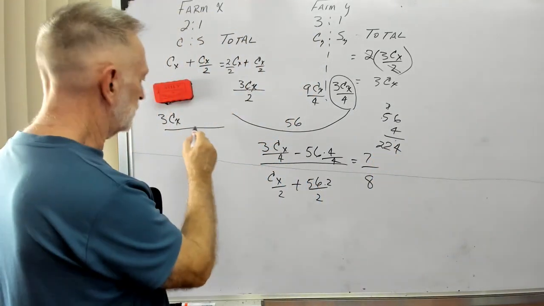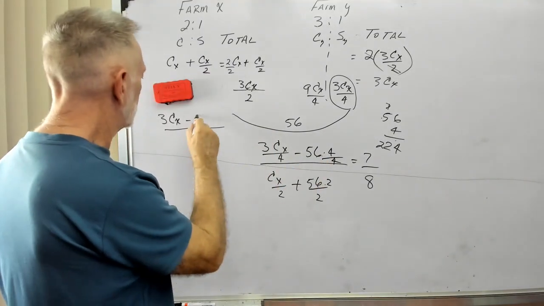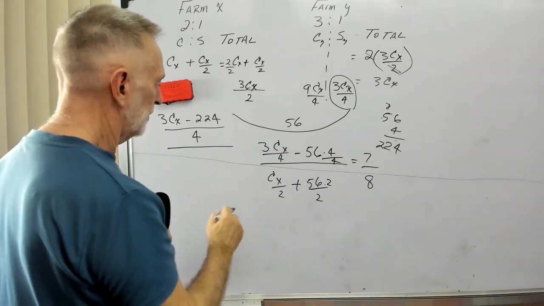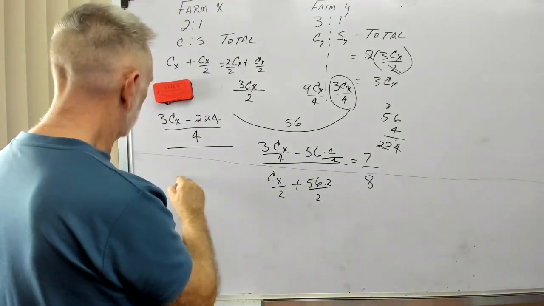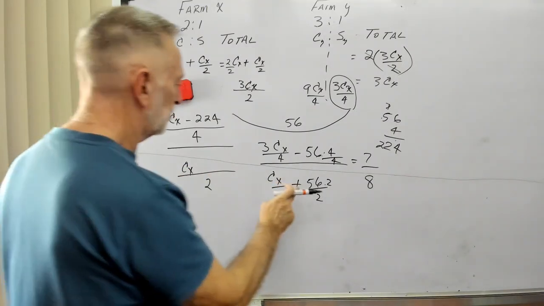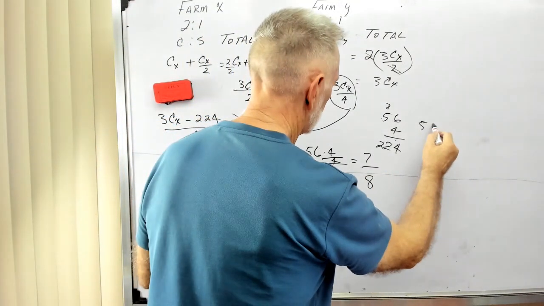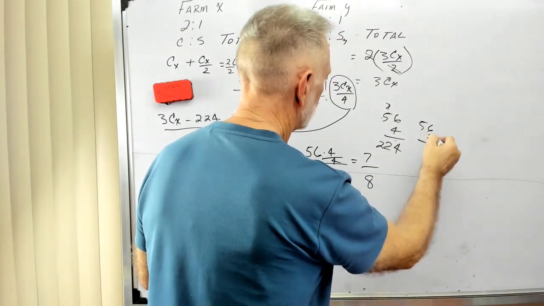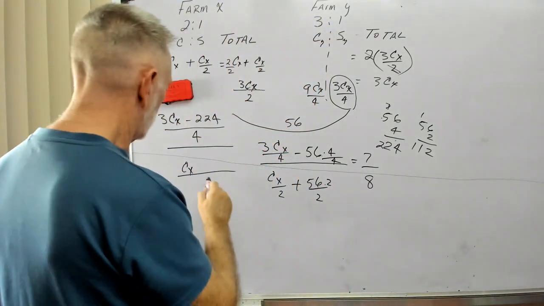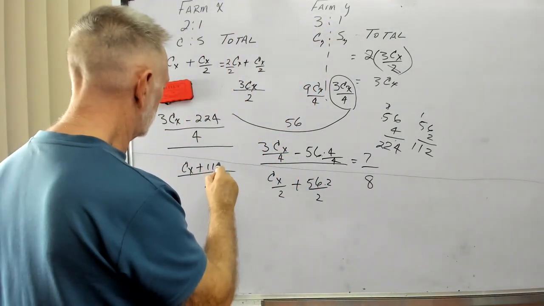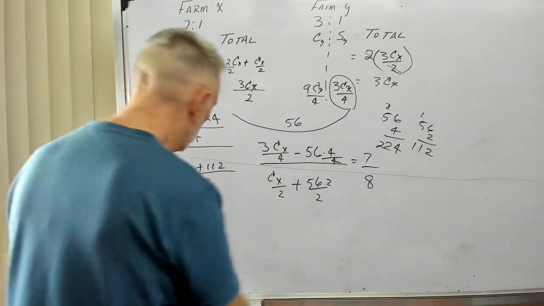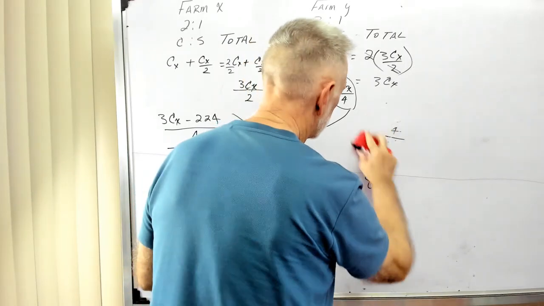Okay, so that's minus 224 over 4 divided by everything over 2, c sub x, plus 56 times 2, 12, 2 times 6 is 12, carry the 1, 10, 11. So plus 112 over 2. Now then, and that all equals 7 over 8.